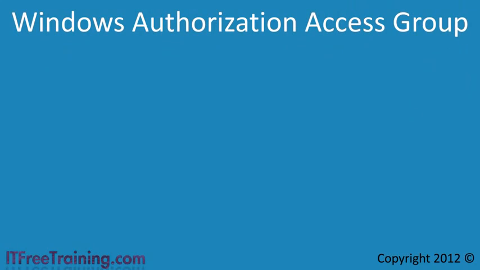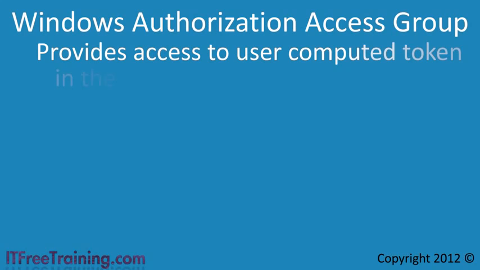The next group is Windows Authorization Access Group. This group provides access to an attribute in the user account that provides a computed token for that user. Remember that a token is created when a user logs in and tells other systems what the user can access.